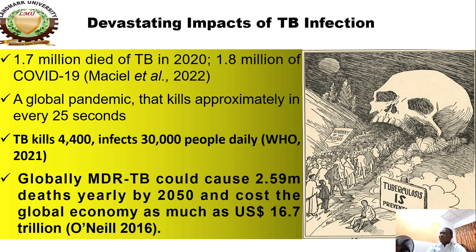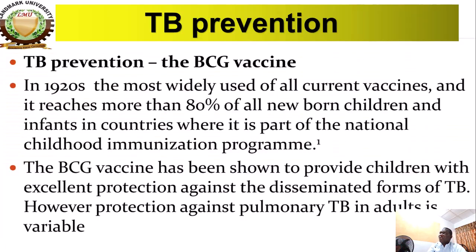And it is believed that TB kills more than 4,000 and infects more than 30,000 people daily, according to the WHO. TB prevention since 1920 has been basically by the use of BCG vaccine, which is primarily used in childhood immunization programs.